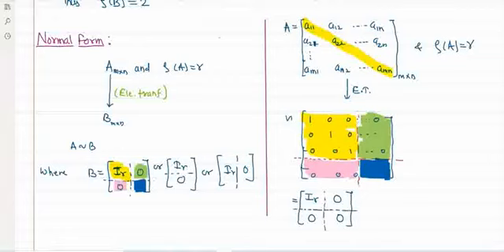So in this case, the rank of the matrix is nothing but the order of the unit matrix you are getting, so the rank of the matrix is r.